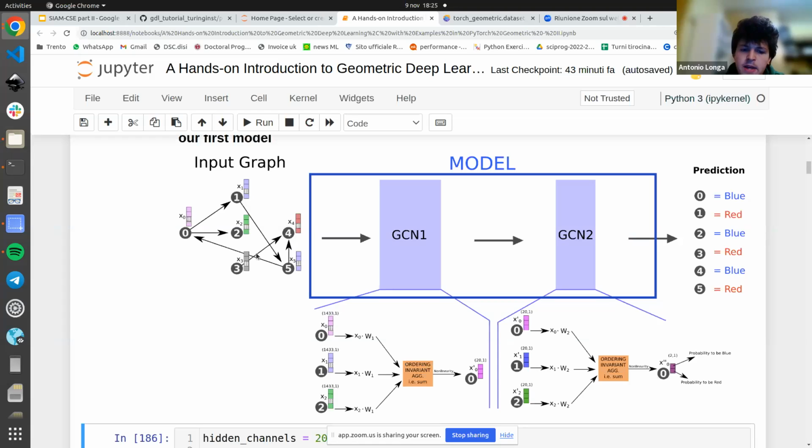Another example: suppose that some nodes have, I don't know, 20 features, while other nodes have 100 features. Either you do padding to have the same feature dimension, or you can use, as you suggested, different Ws.